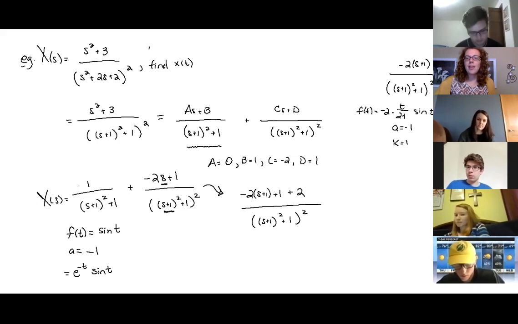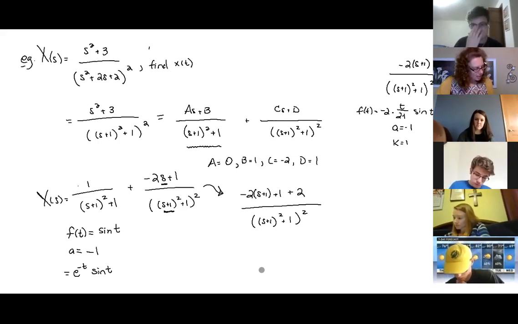So f of t, I've got a 3 out in front. Oh, this is messy and it's not going to fit here. Let's go down a little bit further. We'll go down over here. F of t is 3 times 1 over 2 times 1 cubed.